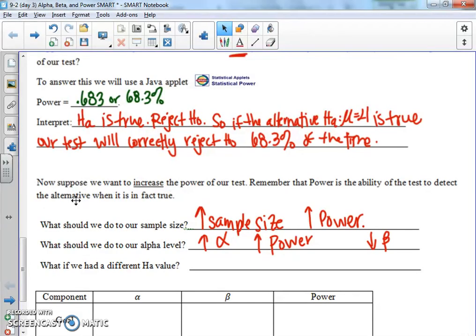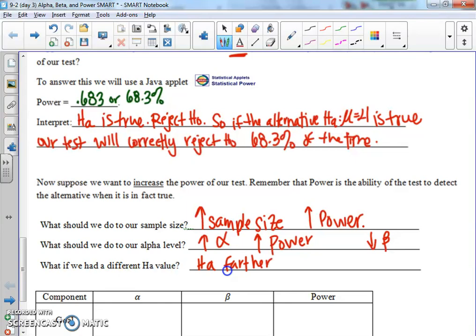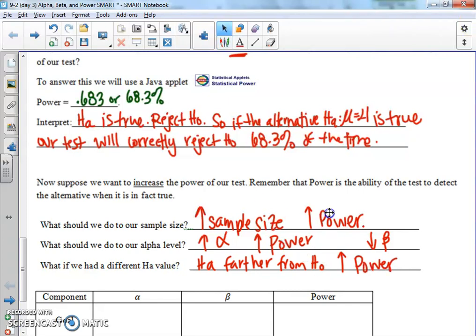So another thing that increases power is a different alternative value. An alternative hypothesis value that is farther from the null hypothesis will also increase the power of the test. So those are a couple things that increase the power.